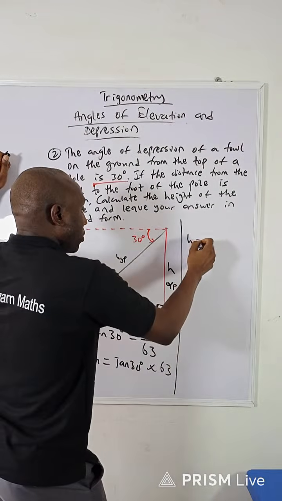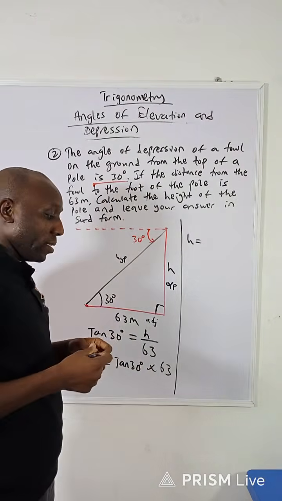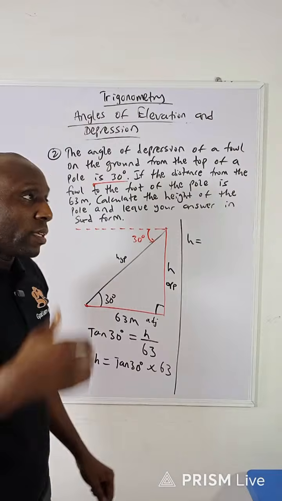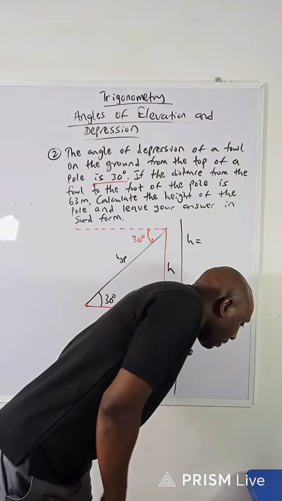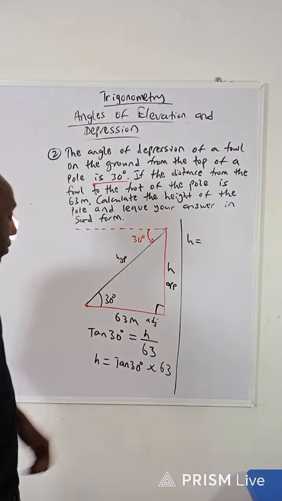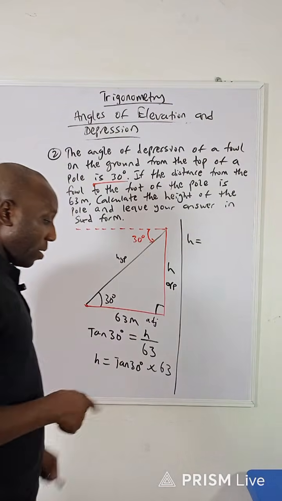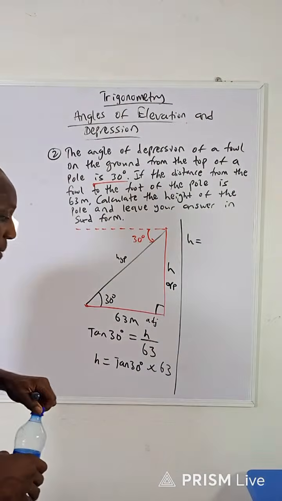What is tan 30 degrees? It's a special angle. We've done this when we were looking at the introduction to trigonometry. Who's going to help us out? What is tan 30? Please don't miss, after this we are going to something even more interesting. Drop it in the chat.